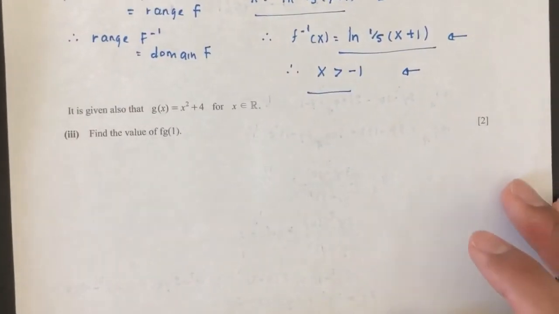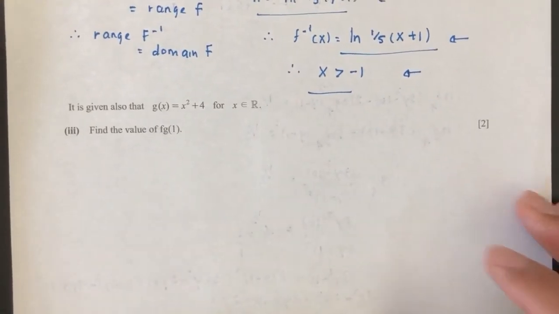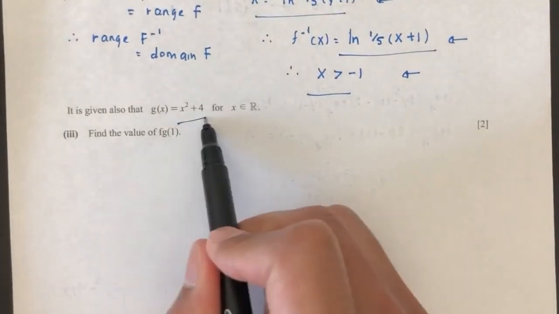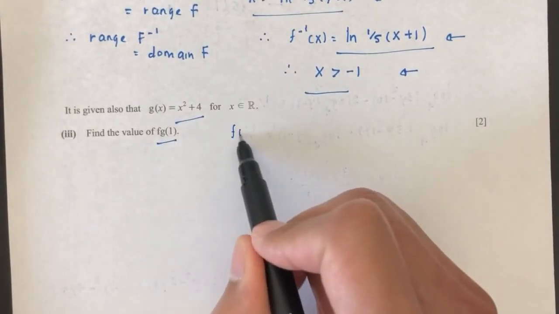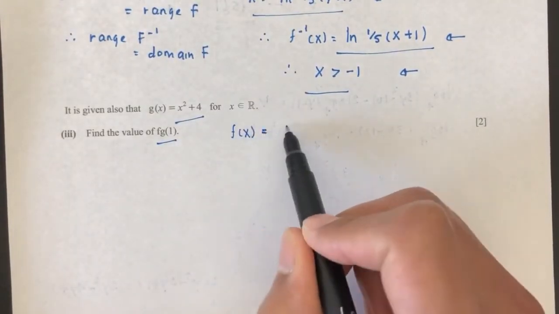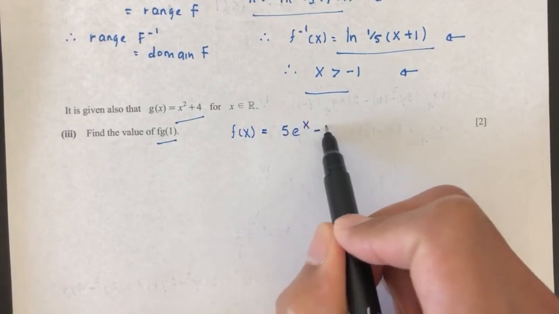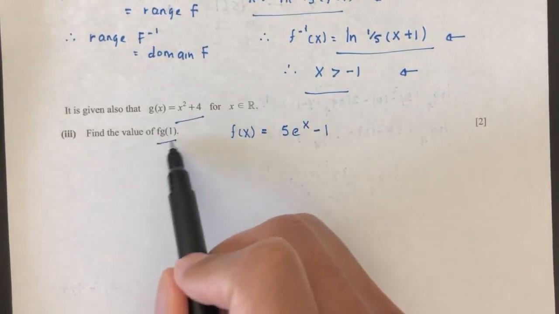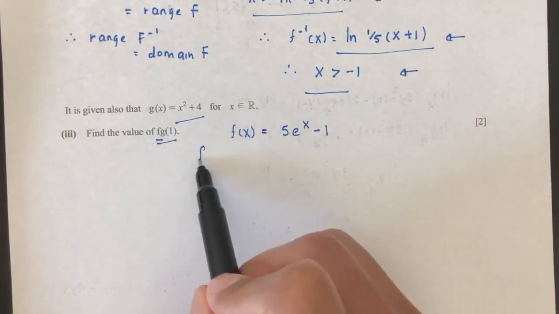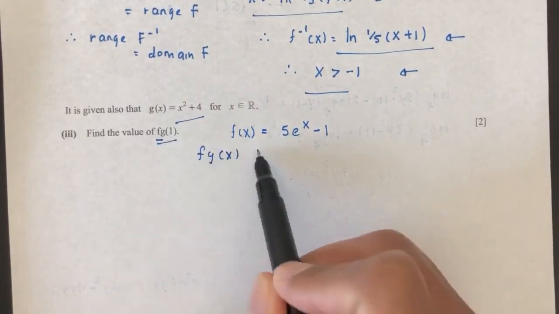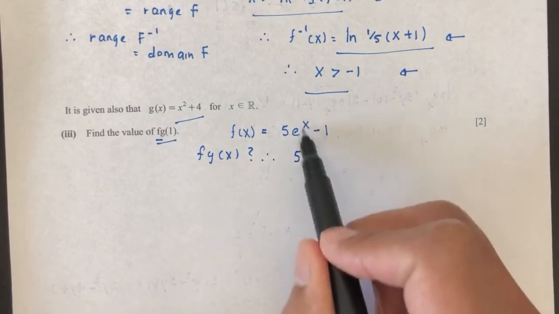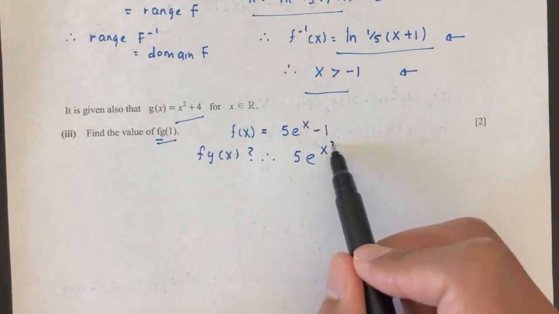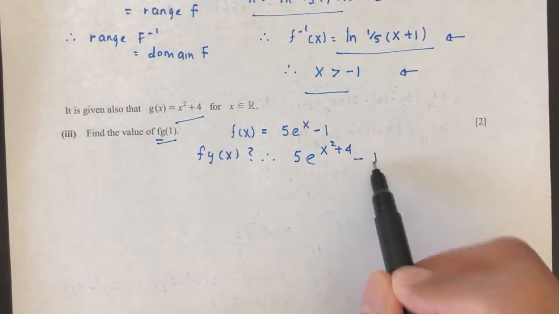Now part 3, it is given that g of x equal to this function. Part 1, find f of g of x. So what is f of x again? It is given to us as 5e^x minus 1. So let's replace the value. Let's find fg of x first. So 5e^x will be 5e^(x squared plus 4) minus 1.